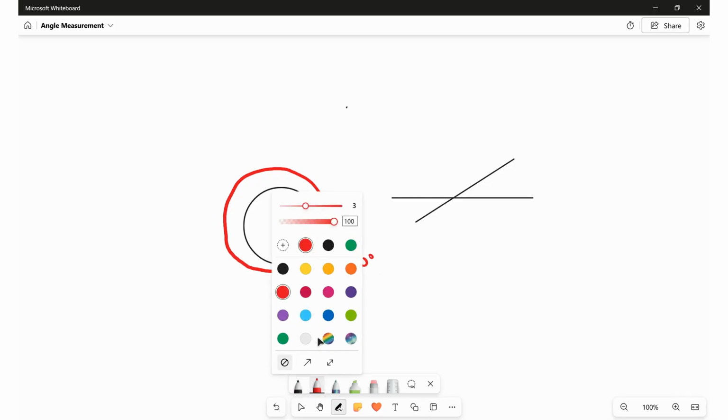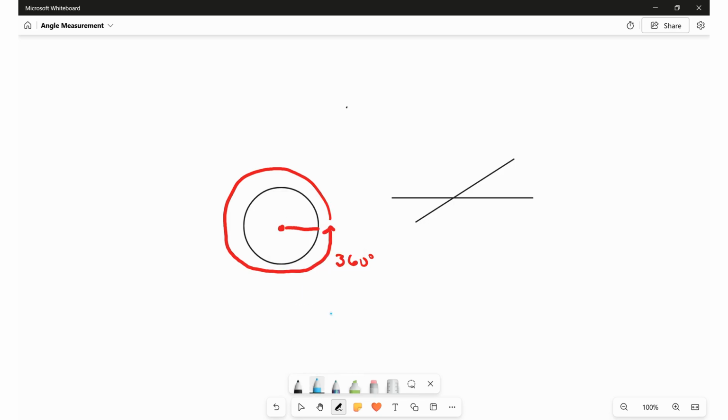So now what if we started here, okay, but only went around to here? Well, if that whole circle is 360 degrees, this blue piece is half of that. Goes halfway across the circle, 180 degrees.